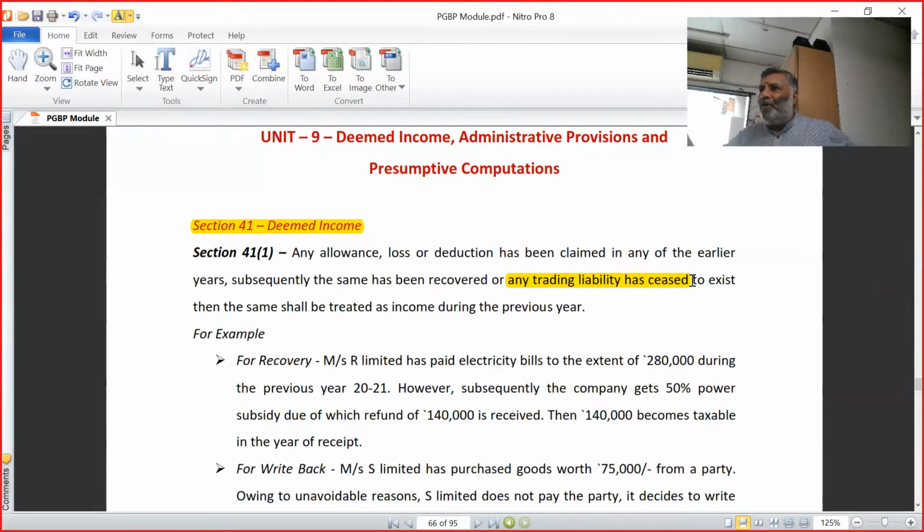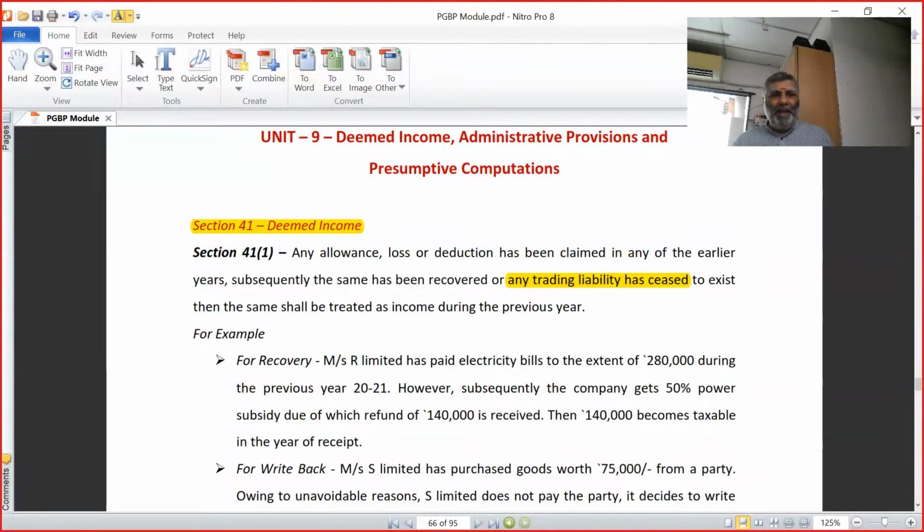Write-back of any trading liability that has ceased to exist will also be treated as income. So, repeating, any allowances, losses, anything which has been claimed earlier and is now recovered is also income. Any trading liability which ceases to exist, which has been reversed, which is written back, will also be treated as income.